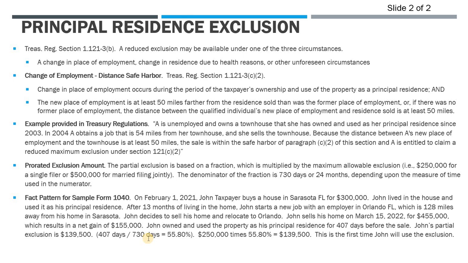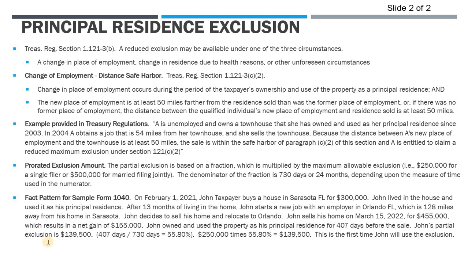Now John is asking, well, can I still get the principal residence exclusion? And the answer is, yeah, he can. Under this fact pattern, he could, because he owned and used the home as his principal residence for 407 days before the sale, and he qualifies for the distance safe harbor. It's more than 50 miles away.